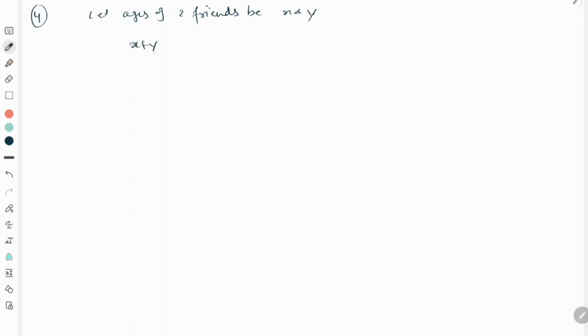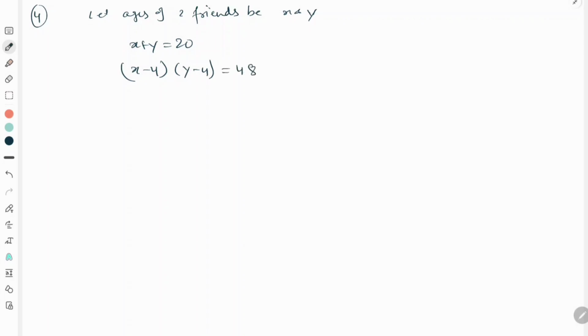So the sum of x and y is 20, and 4 years ago the product of their ages was 48. So 4 years ago means x minus 4 multiplied by y minus 4, product of their ages was 48.